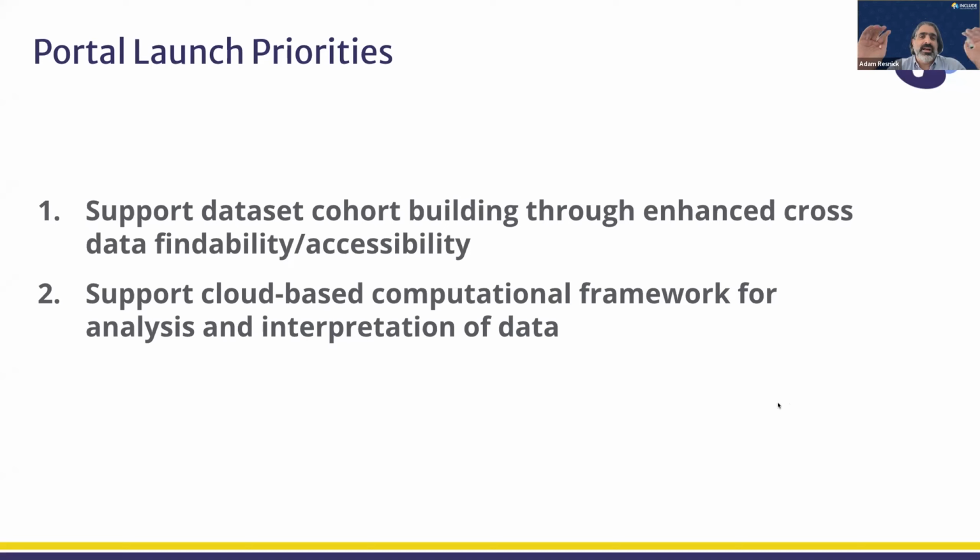And as we support that cohort building activity, pair that activity with the deployment of a cloud-based computational framework that can support harmonization, shared use of resources, and standards for the analysis of that data in really a facile and accelerated manner. Next slide.